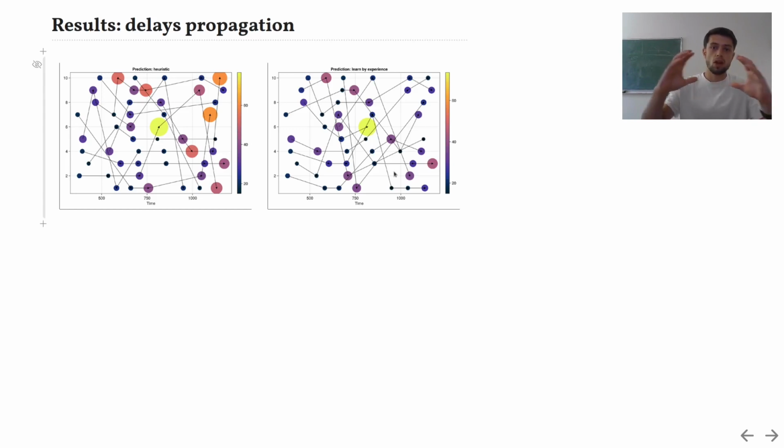The size and the color of the nodes illustrate the delay, the average delay, the expectation of the delay. And so you see that we managed to get smaller average delays with the learning setting than with the heuristic setting. And besides, the total cost is lower with this learning pipeline. So it's quite encouraging to illustrate our package.